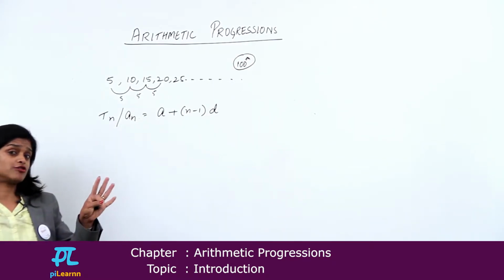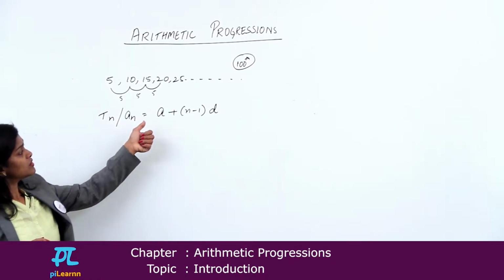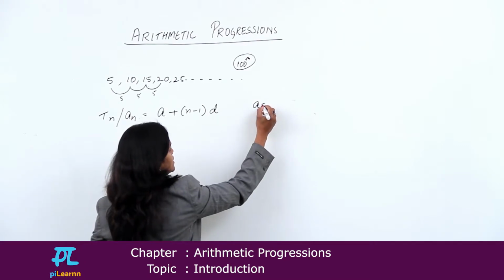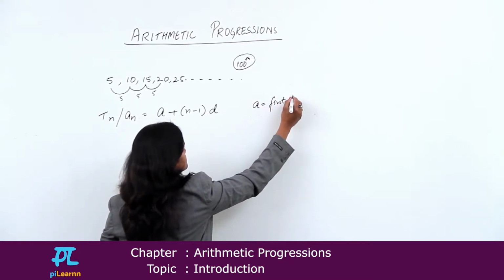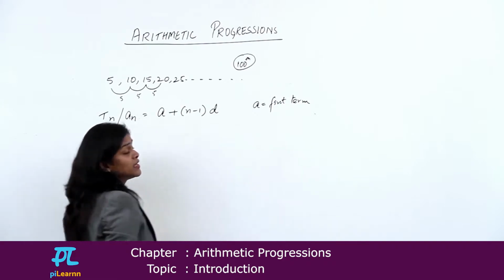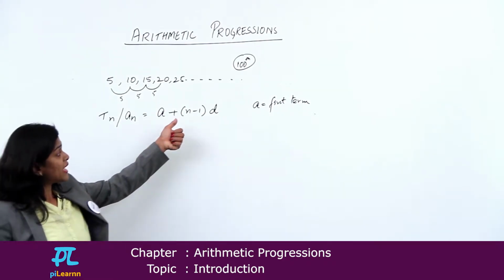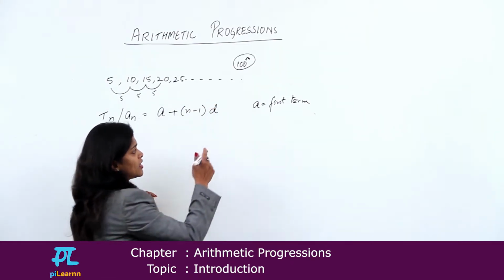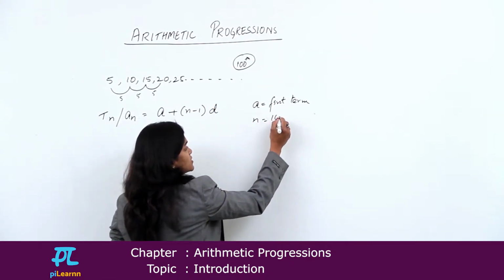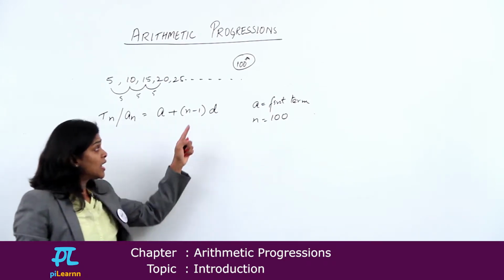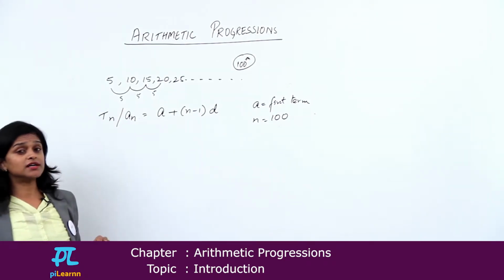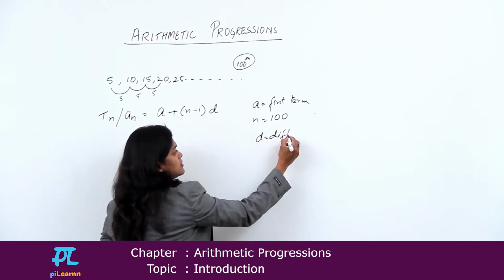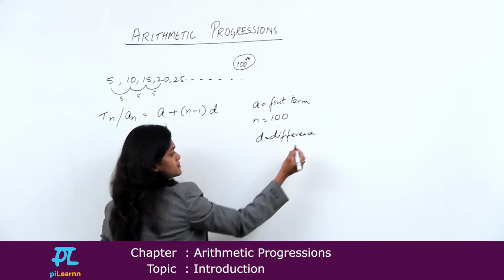So a is nothing but the initial term, the first term. n is the nth term which we need to find out. Here I have considered n as 100. d is the difference in the consecutive terms.